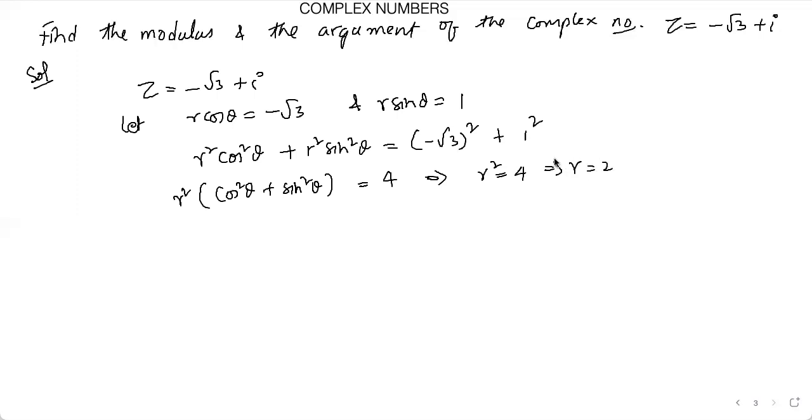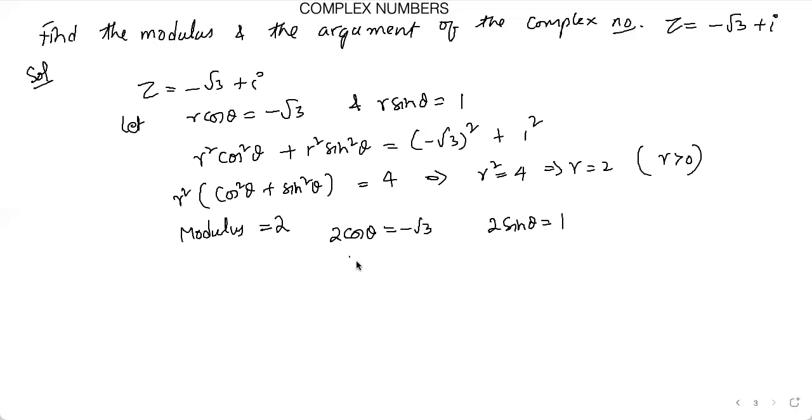Conventionally we take r greater than 0. So the modulus is 2. Now r is 2, so 2 cos theta is equal to minus root 3, and 2 sin theta is 1.